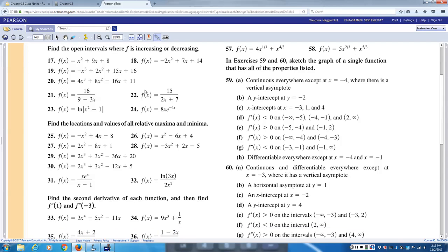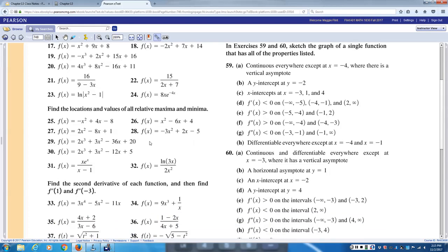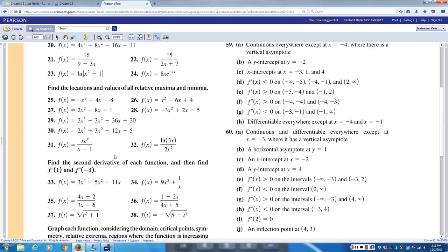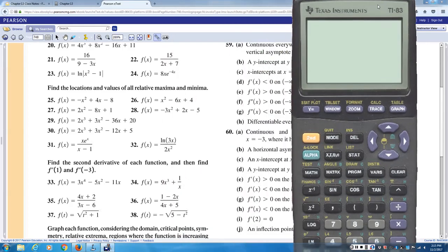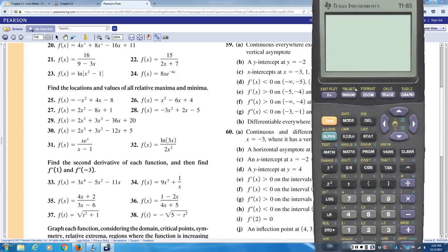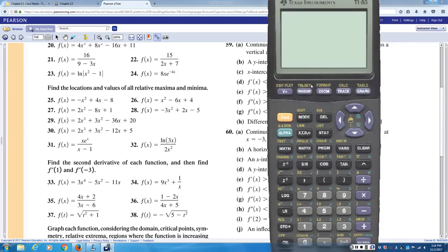So let's go to problem number 31, because we're going to use the calculator in problem number 31. It's going to be a lot of help to us.